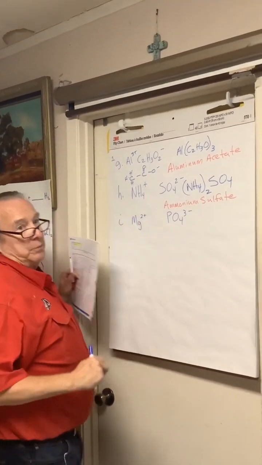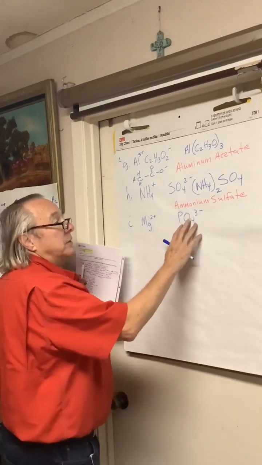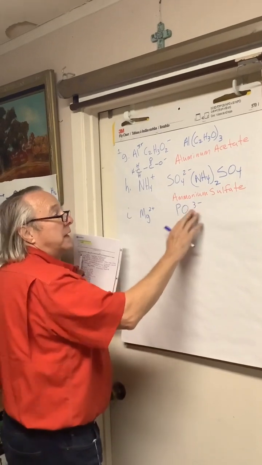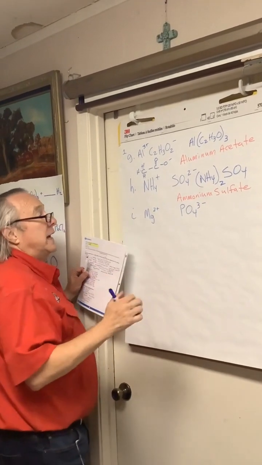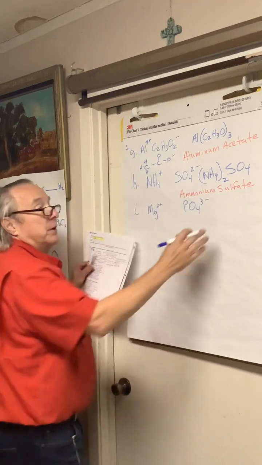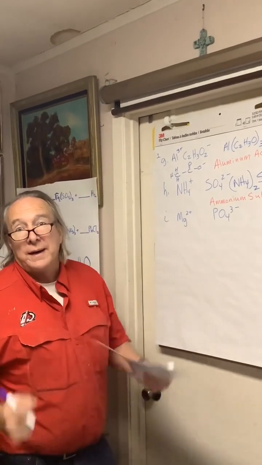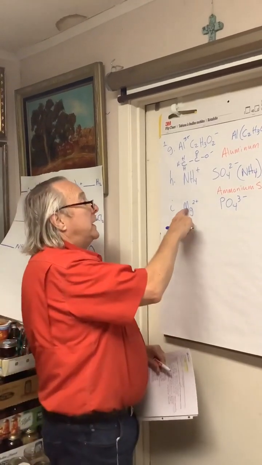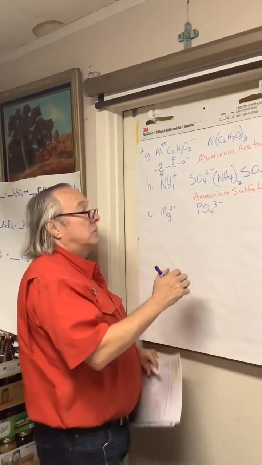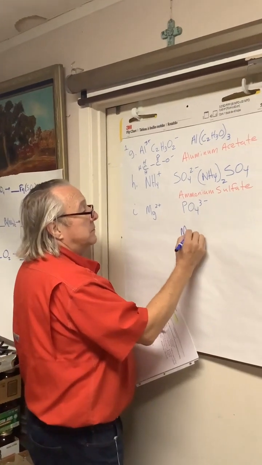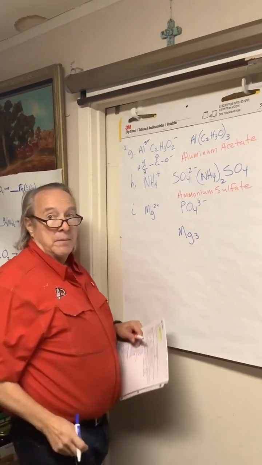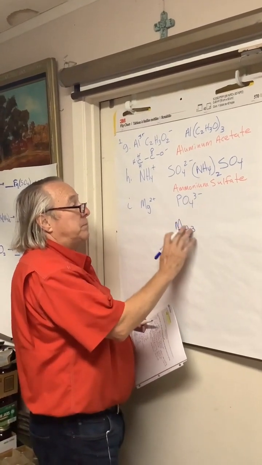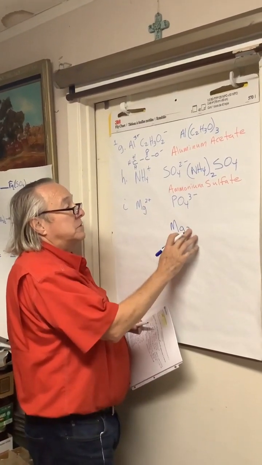This next one had magnesium. Magnesium's group 2, it's always plus 2. Phosphate is a polyatomic ion. It's 3 minus. If you add 3 hydrogens to it, you make phosphoric acid. But I'm going to make magnesium phosphate. Uh-oh, I got a plus 2 and a 3 minus. How am I going to put those together? Well, crisscross. I need 3 of these and 2 of these. So if I have 3 magnesium in my magnesium phosphate, then I need 2 of these, because this would be 2 plus times 3 or plus 6.